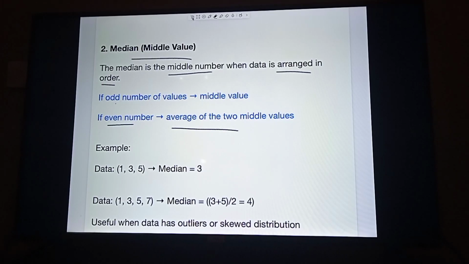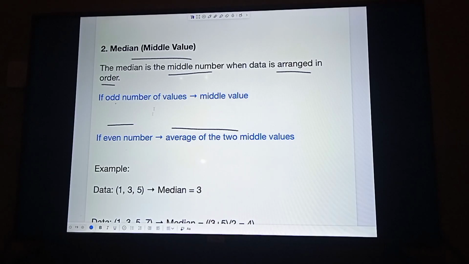Suppose n is odd, meaning an odd number.